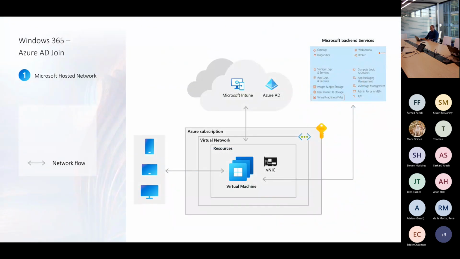Quickly running through the architecture of Windows 365, the good thing, or what you really don't have to worry about, is that you don't have to do anything, because Microsoft is doing everything for you.